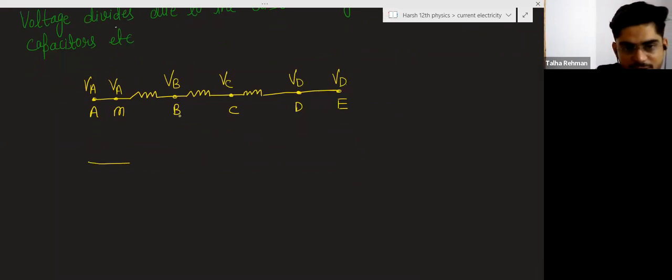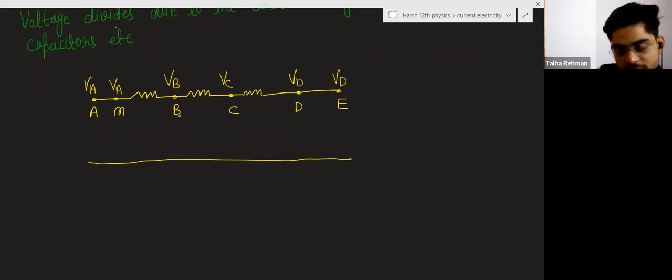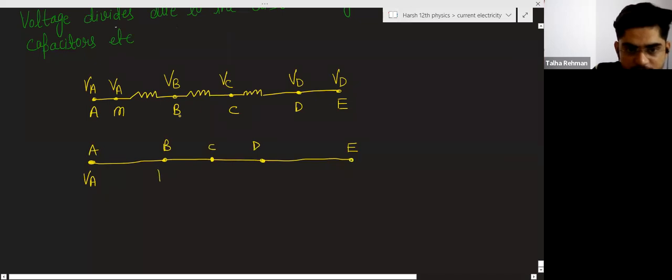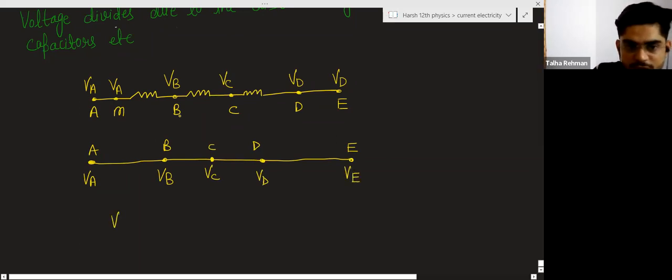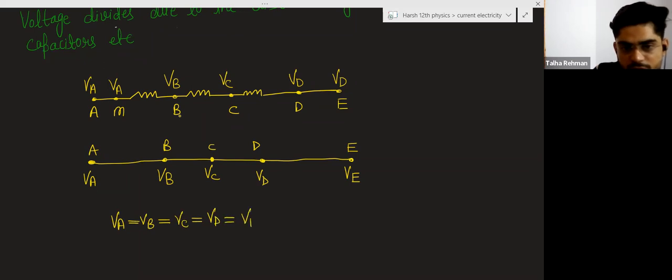And if you have a wire like this, single wire and no resistances are connected, this is point A, if this is B, C, D, E, then voltage at A is VA, voltage at B is VB, VC, VD, VE. Then VA is equal to VB is equal to VC is equal to VD is equal to VE.